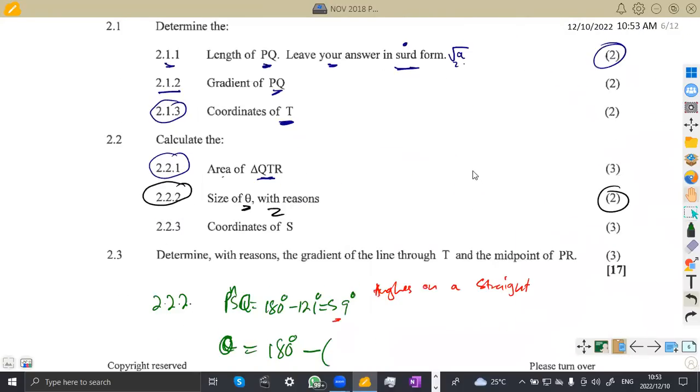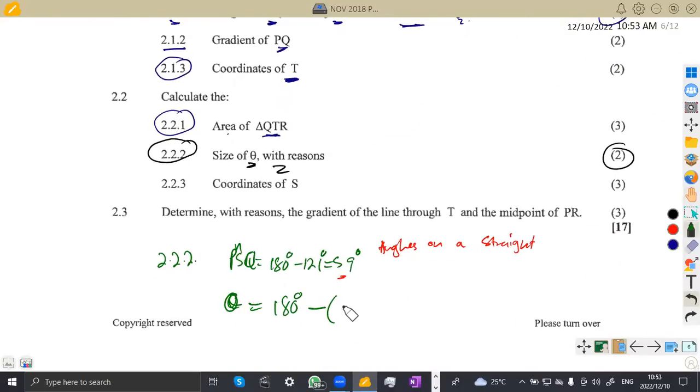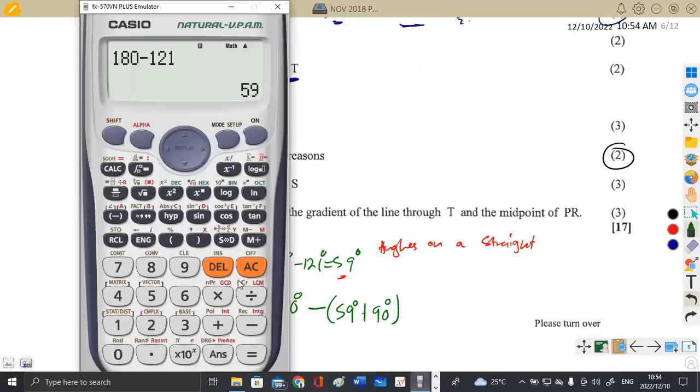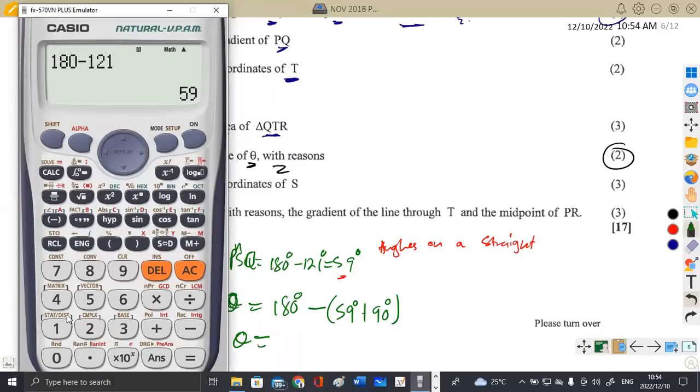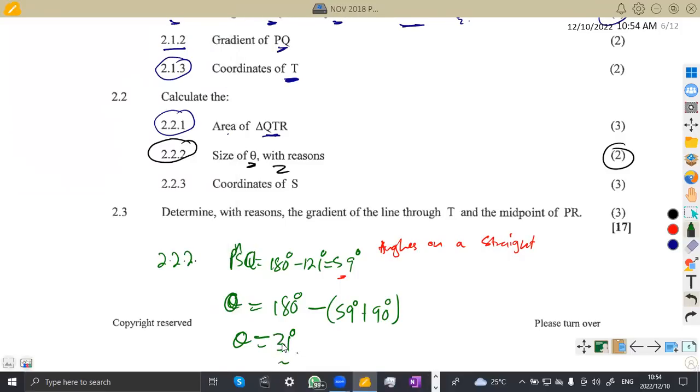So you're going to subtract 59 plus 90 degrees together from 180. We are referring to angles in a triangle adding up to 180 degrees. So it's 180 minus (59 plus 90) degrees, which is 31 degrees. So this angle is equal to 31 degrees.